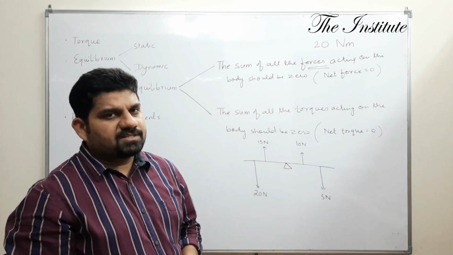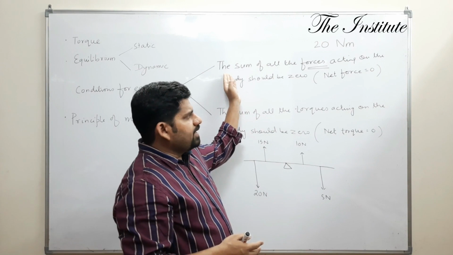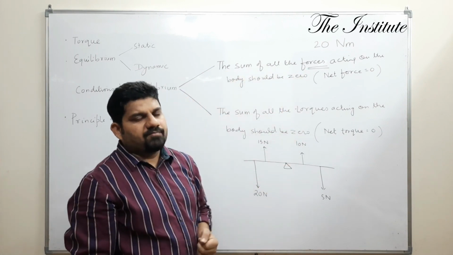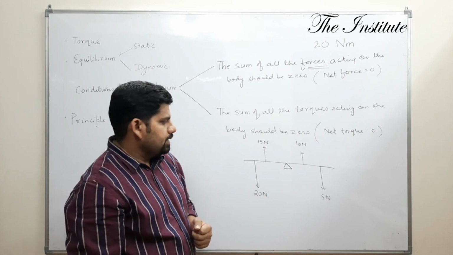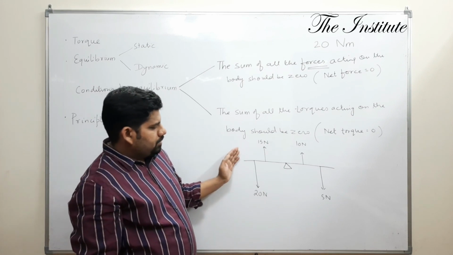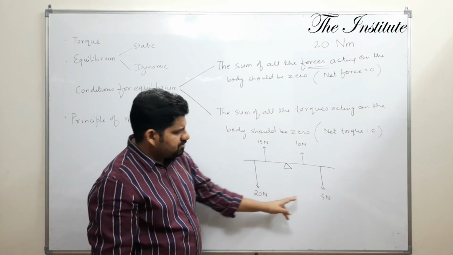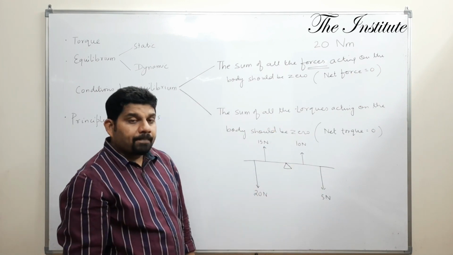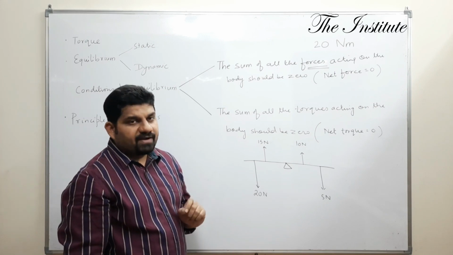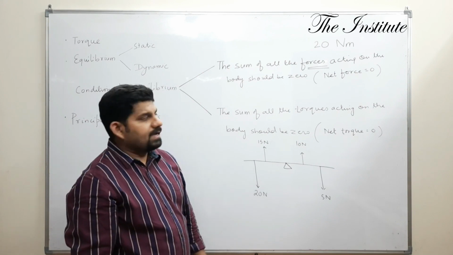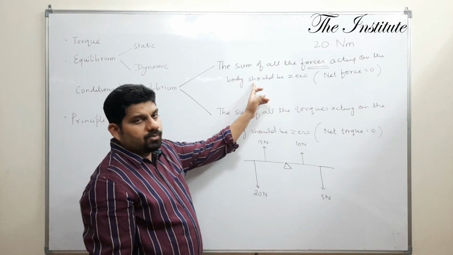Let us use the first condition. Whether the sum of all the forces acting on this rod comes out to be zero or not. We can see the net downward force acting is 25 Newton and the net upward force acting is also 25.